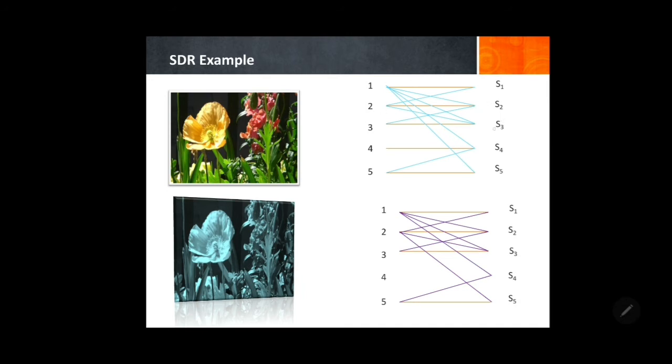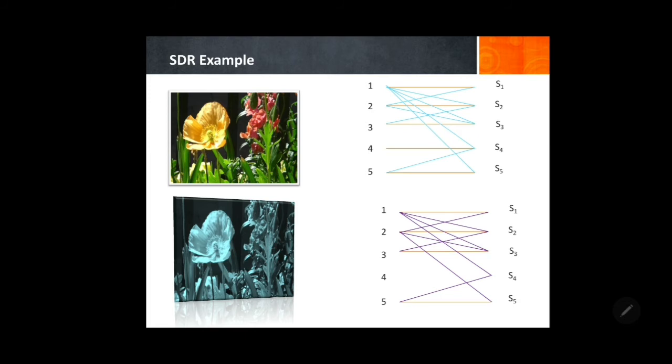S3 has edges to 1, 2 and 3. S4 has edges to 1, 4 and 5. S5 has edges to 1 and 5. So the given sets are represented as a graph, and we can easily find that there exists a perfect matching, and hence 1, 2, 3, 4, 5 is an SDR.